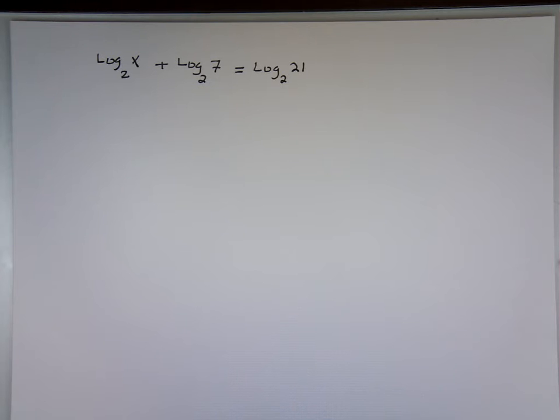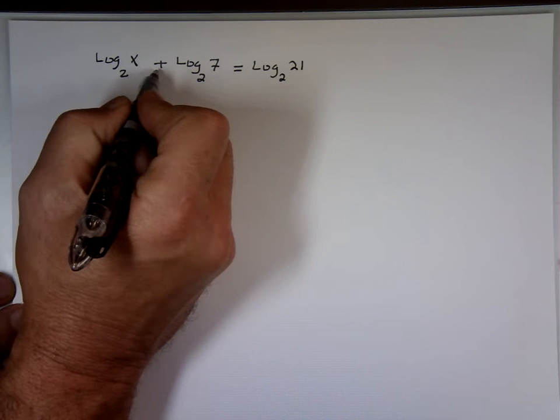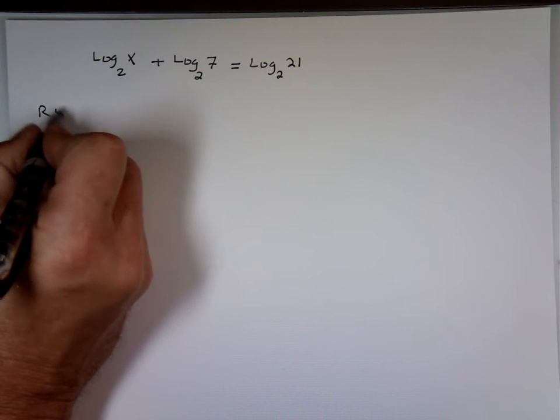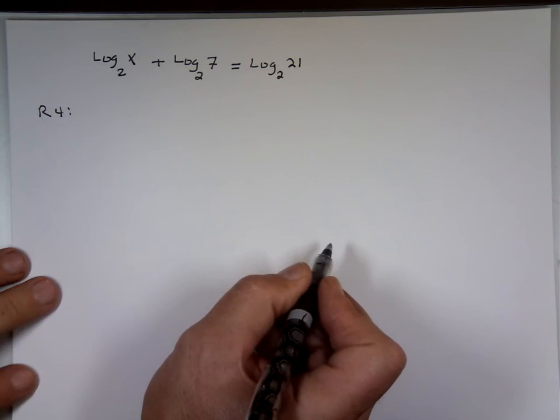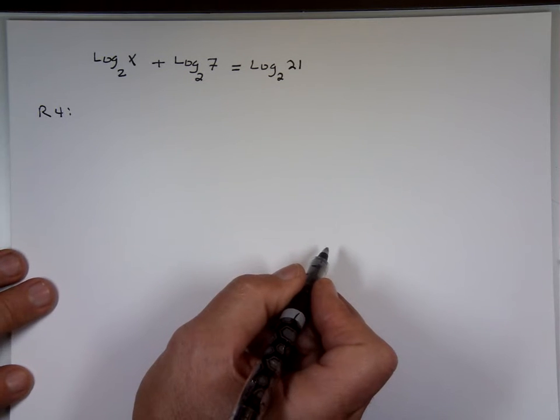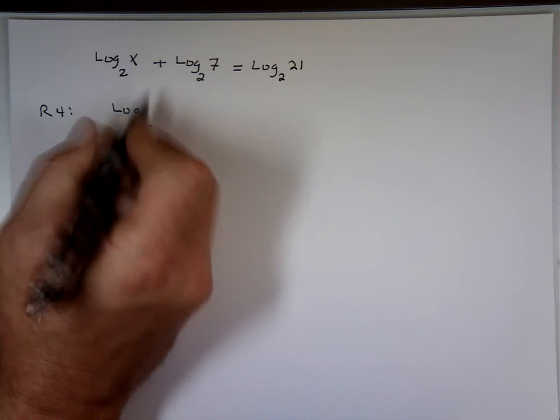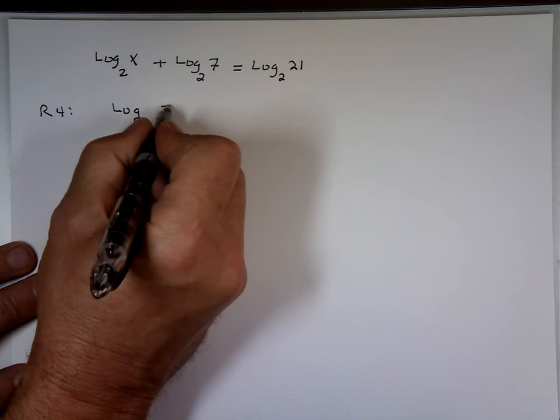Because I had logs on both sides. I see an addition. See the addition? That used to be rule what? Rule 4. So that used to be what? x times 7, which is 7x.